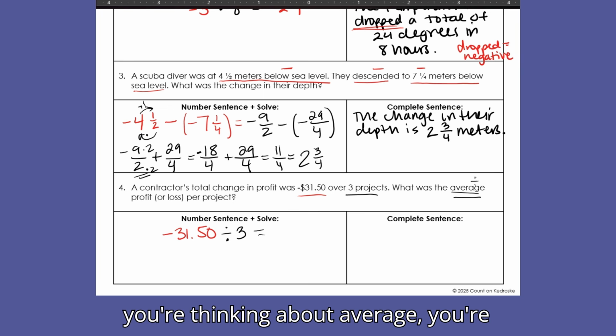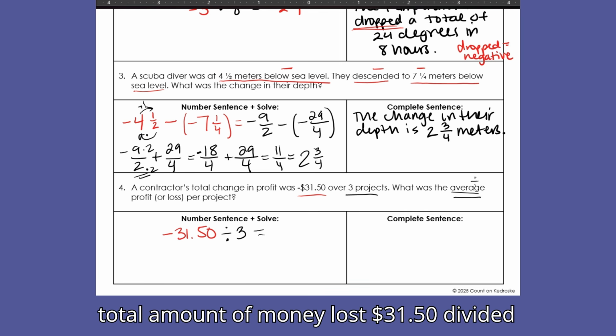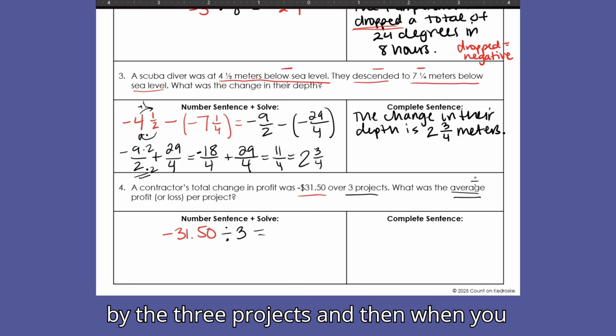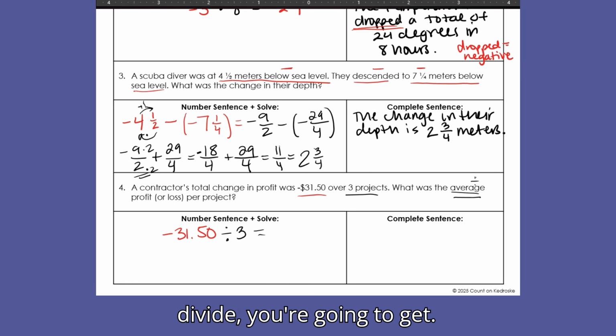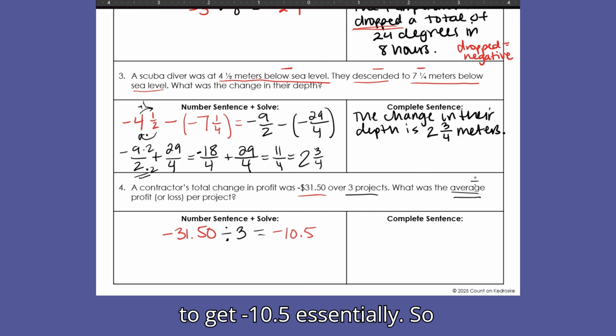So again, when you're thinking about average, you take the whole, meaning the total amount of money lost, $31.50, and divide it by the 3 projects. And then when you divide, you're going to get negative $10.50 essentially.